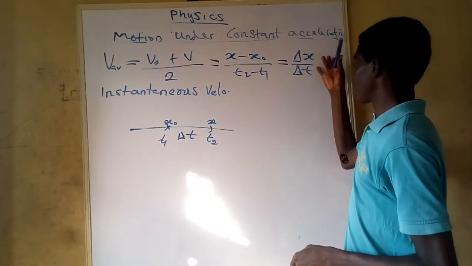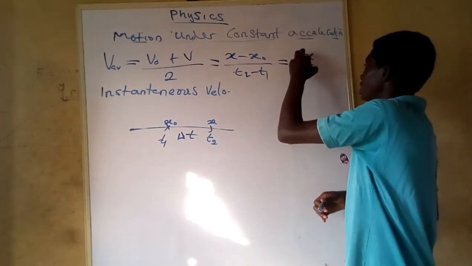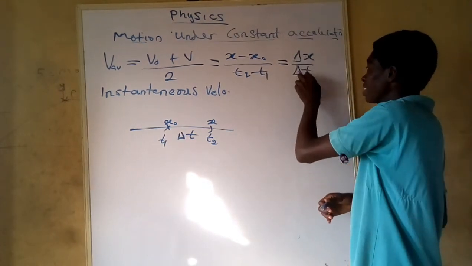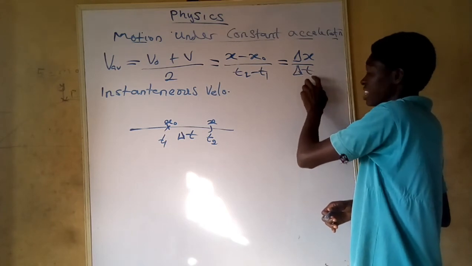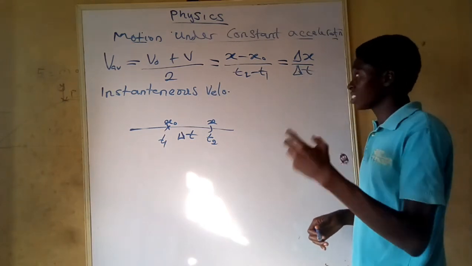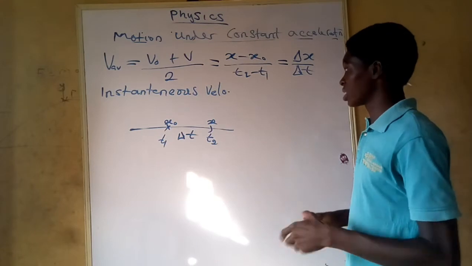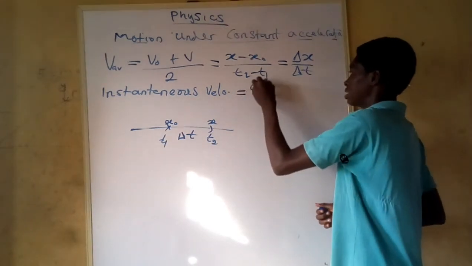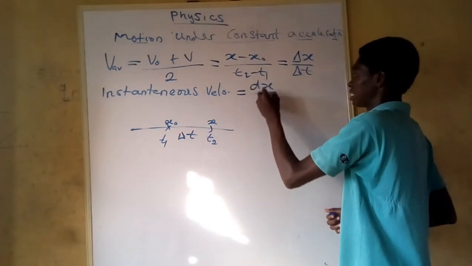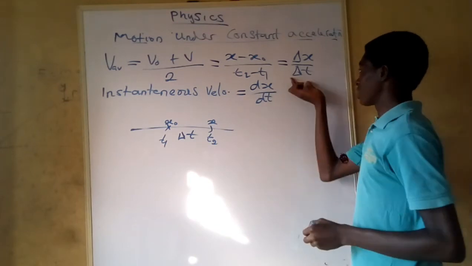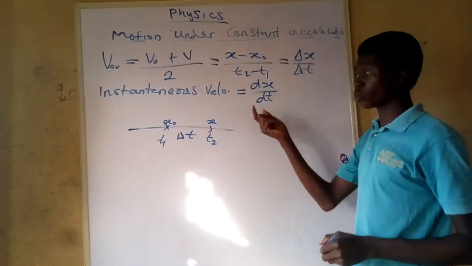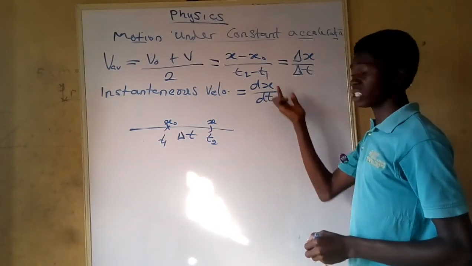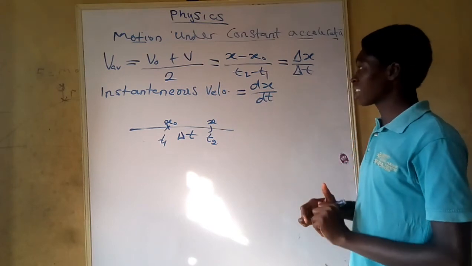Now when you differentiate delta x over delta t, where delta t is tending to zero, what is the velocity? It's going to be dx/dt, because delta t is tending to zero, so we take the limit and then we have dx/dt. So that is what instantaneous velocity is.